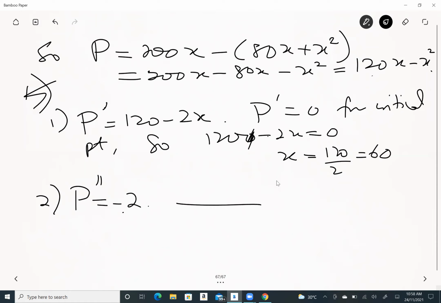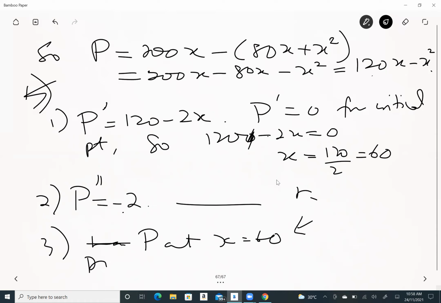So senang lah. So you argue, okay? Finish it up. And then number 3, you get the profit at x equal to 60. So that will be our maximum point. So describe that thing. How do you describe? Oh no, we don't say profit is maximum at. You say to maximize profit, because this is application.